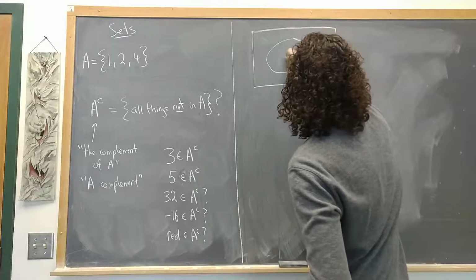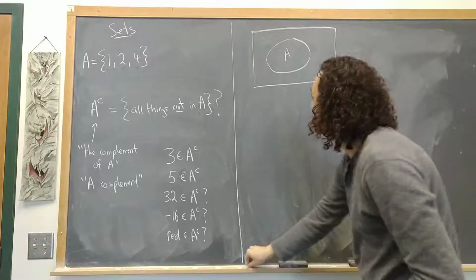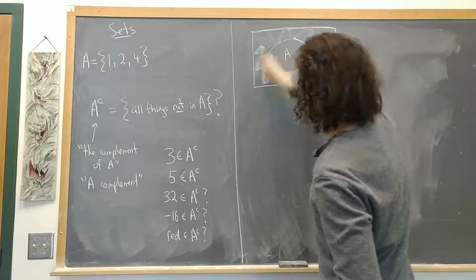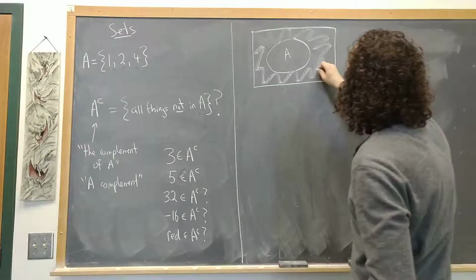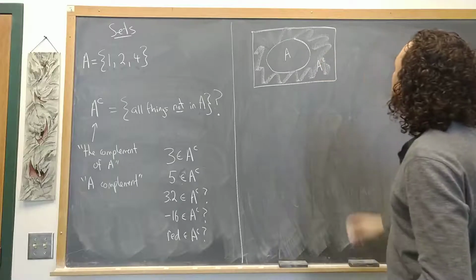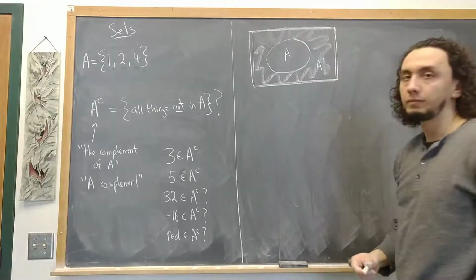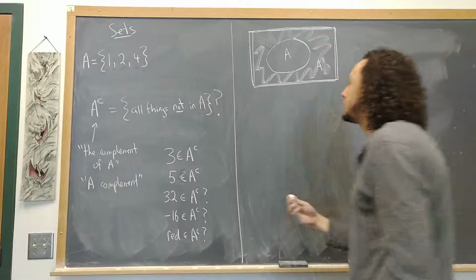I have my set A, and in the picture, the complement of A is supposed to be everything that's not in A. But what is this box? So it helps to have a bit of notation here.